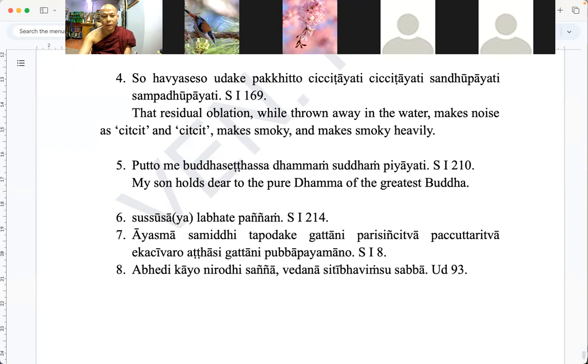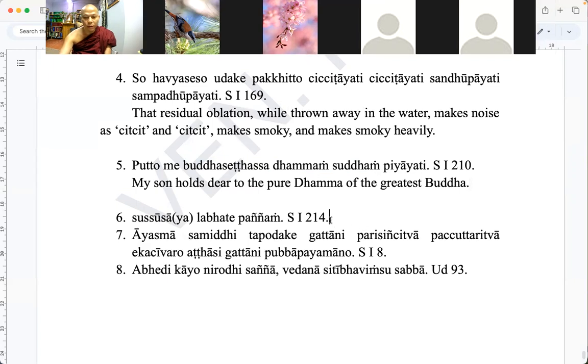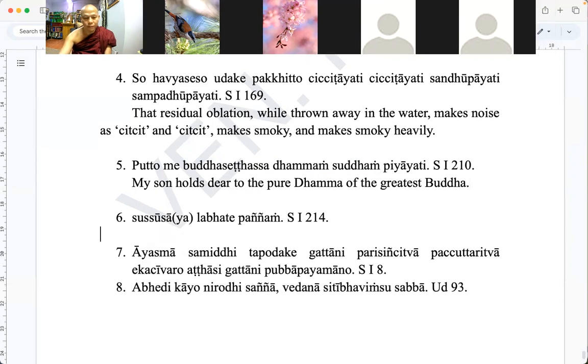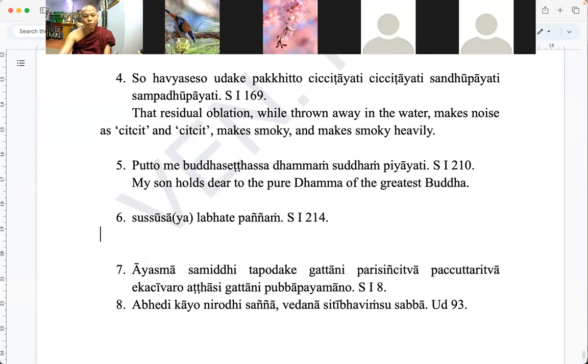Okay, and then now number 6. Susa, actually susaya, but because of the stanza, ya is omitted.